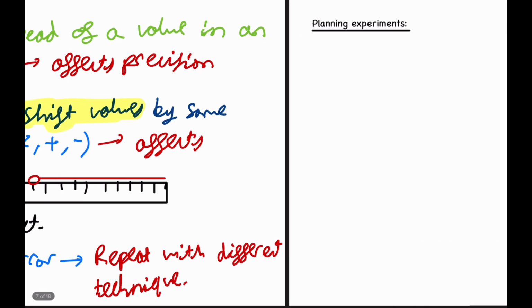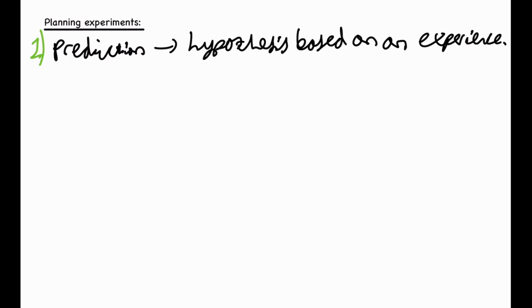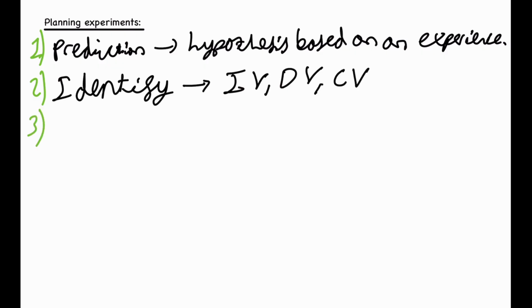So now let's move on to planning experiments. When we plan an experiment to solve a problem, we'll have 7 steps that we would like to carry out. The first step would be to make a prediction or your hypothesis, and this is based on experience. The second step is to identify independent, dependent, and control variables. The third step is to create a risk assessment.